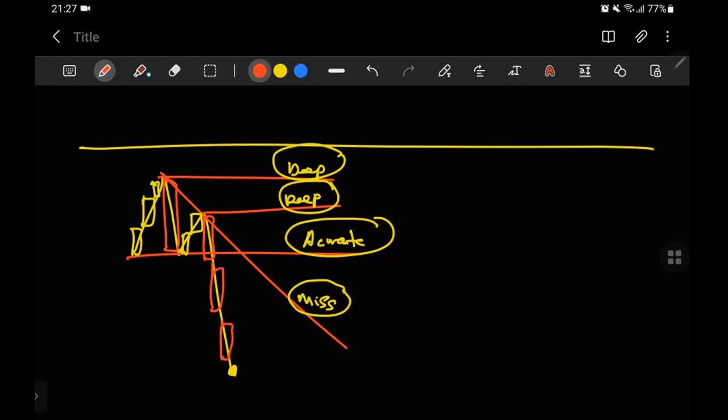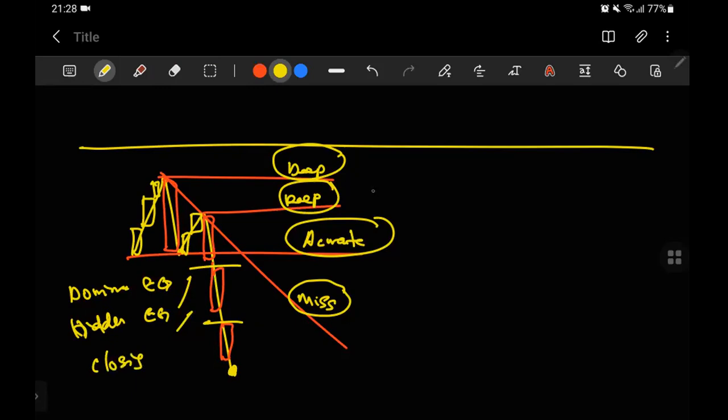Okay, so the gap between this is also a miss area, which means some people call it dominant engulf or hidden engulf, or we can call it as a closing price.